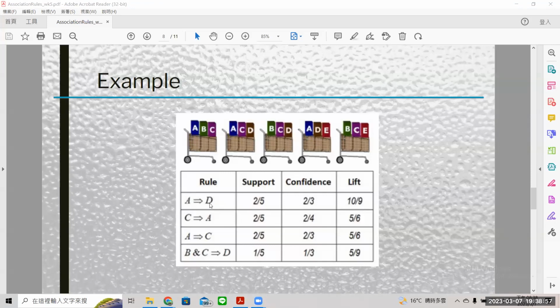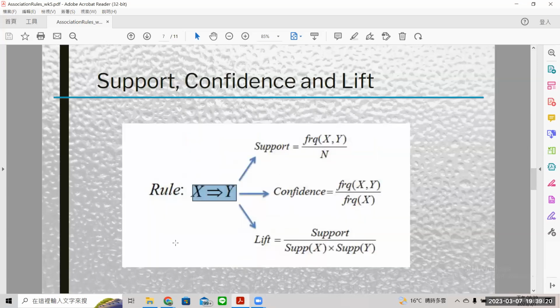From A to D, by support, we can check. I just show one example. From A to D, this is a rule, right? So you must find A to D, and all the samples are 5.